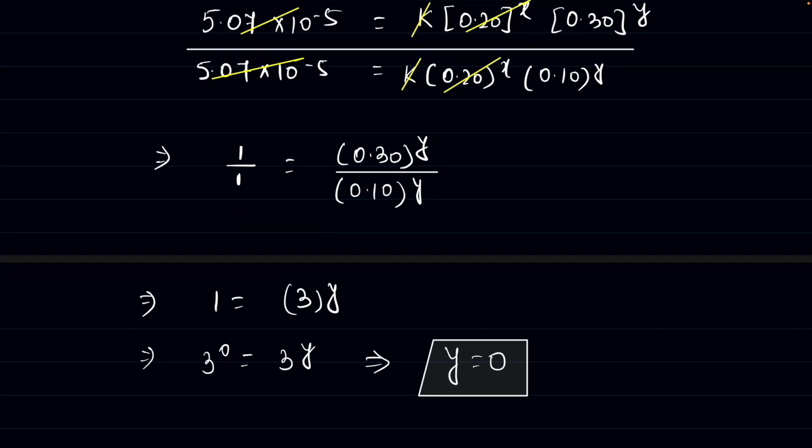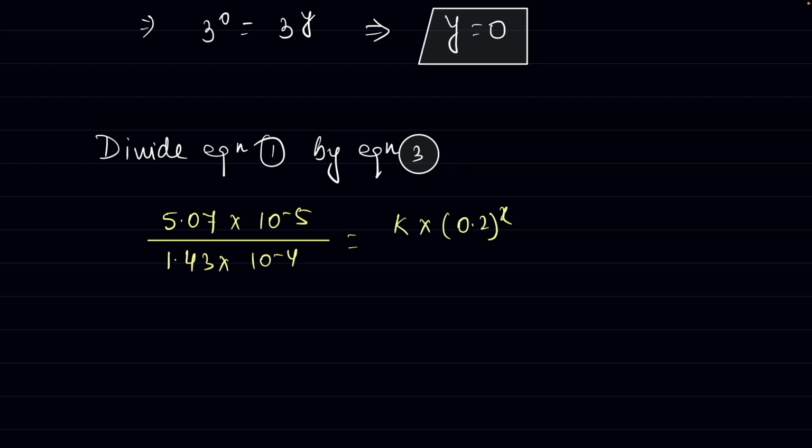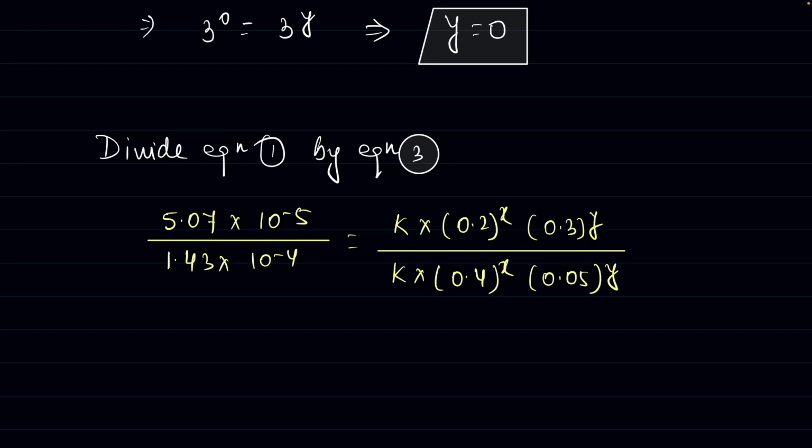Based on that, 5.07 into 10 to the power minus 5 divided by 1.43 into 10 to the power minus 4 is equal to K into 0.2 to the power X, 0.3 to the power Y, divided by K into 0.4 to the power X and 0.05 to the power Y. Now here K gets cancelled.